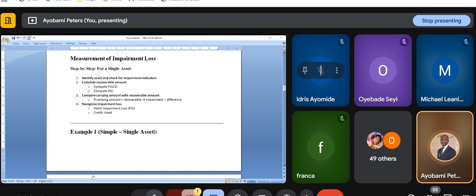I just want you to see this step by step of measurement now. Under measurement, we're going to discuss two categories of assets: the single assets and the cash generating unit asset. Single assets are assets that individually generate cash flows into the entity.